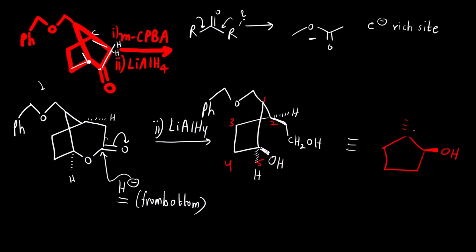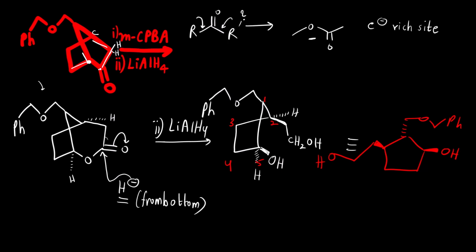This entire group will be below the plane, CH2OCH2Ph. And then here again this entire group CH2CH2OH is above the plane. So this is going to be the final answer.